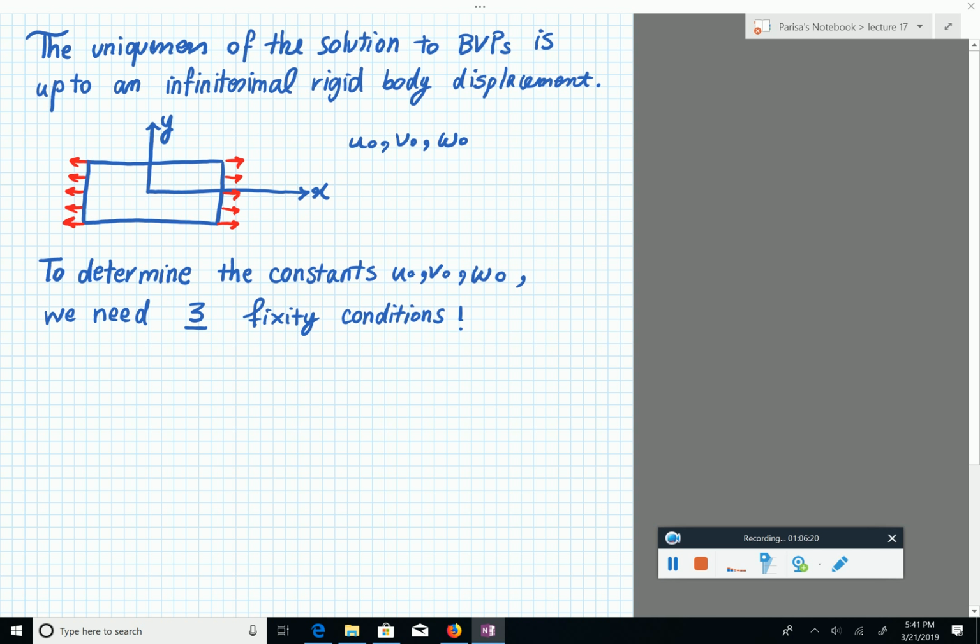And what did you do before? For example, you fixed it somewhere, and this gives you what? 2, right? You said, okay, u has to be 0 at point 0 and v also has to be 0. And then, for example, you put a roller somewhere.